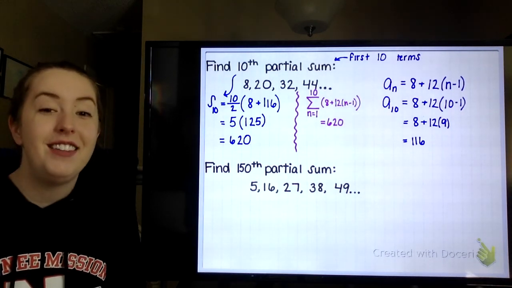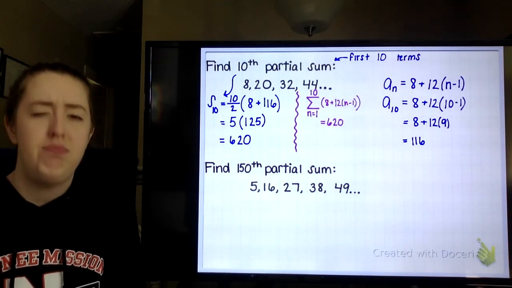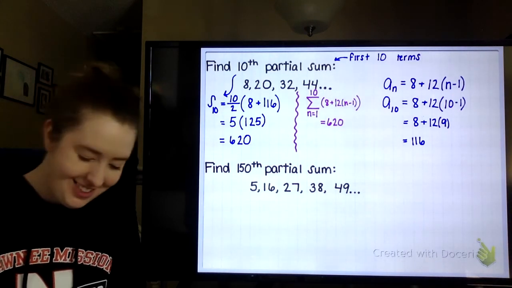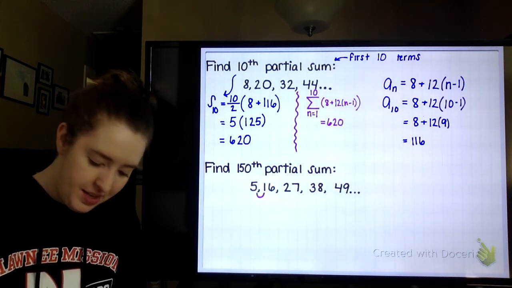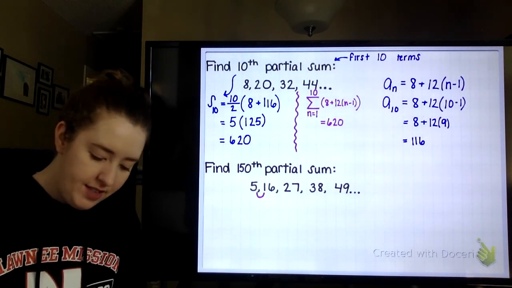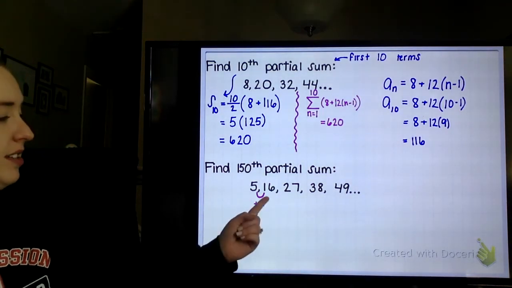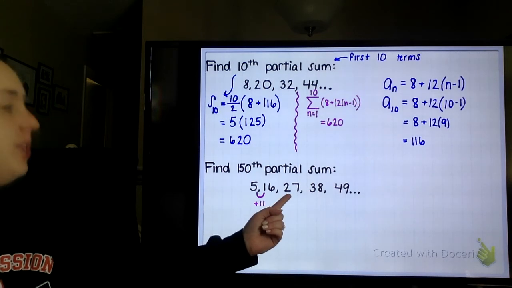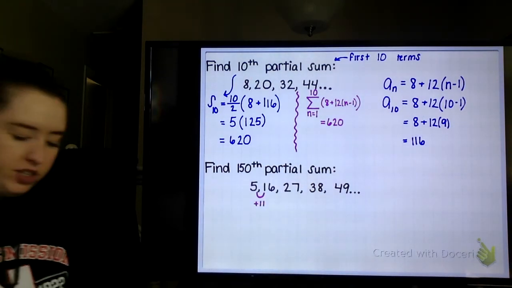Now we want to find the 150th partial sum. Ugh. Okay, so first of all, let's figure out what is our common difference here. So from 5 to 16, we added 11. Does that work for the rest of them? 16 plus 11 is 27, plus 11 is 38, plus 11 is 49, for sure.